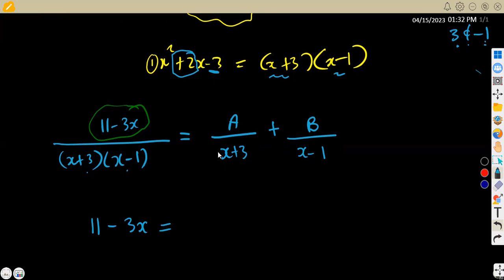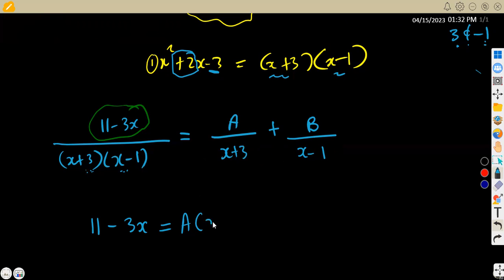So you work with A. This is the LCM, because you separated these two brackets. So we're going to have A into, you divide the LCM by x plus 3. So x plus 3 and x plus 3 will cancel, which means you remain with x minus 1.